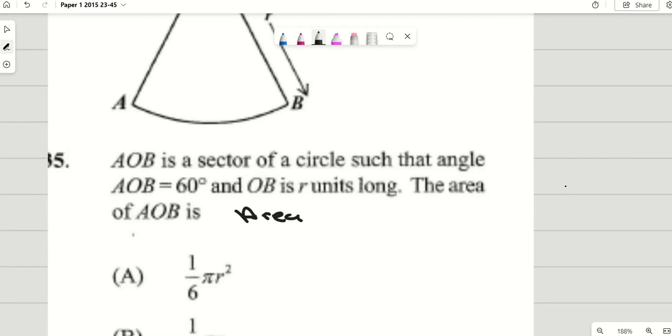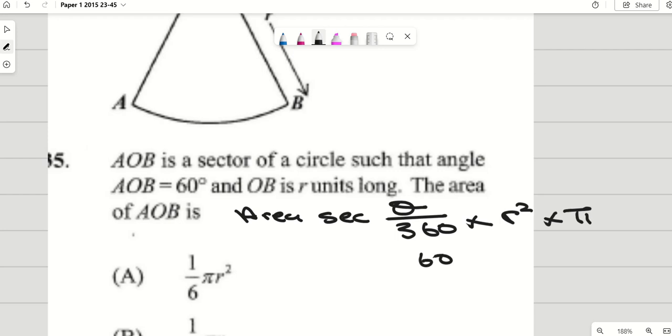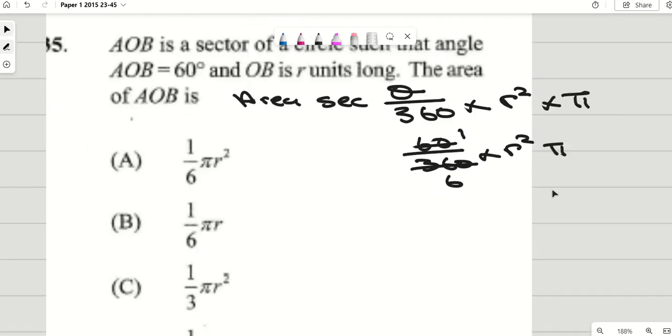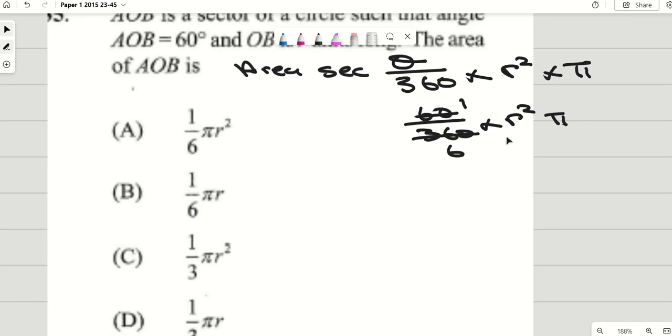Area of a sector is theta over 360 multiplied by R squared multiplied by pi. We know theta is 60, so 60 over 360 multiplied by R squared pi. 60 into 360 is 6. So it's 1/6 pi R squared, or R squared pi, whatever, it doesn't matter. You just have to make sure you get 1/6 and pi and R squared, which is E.